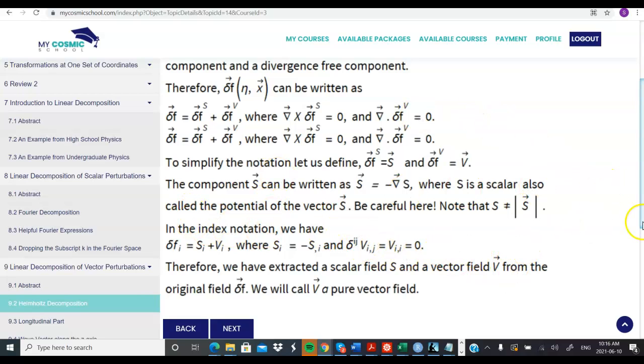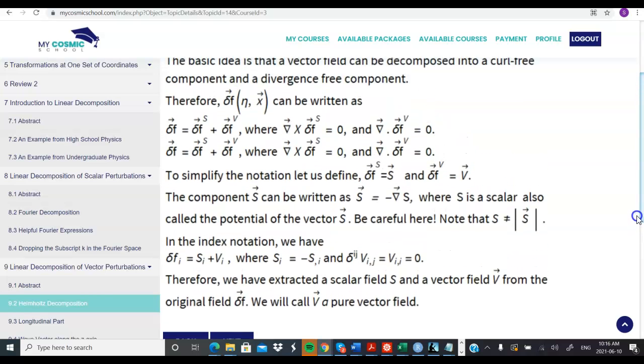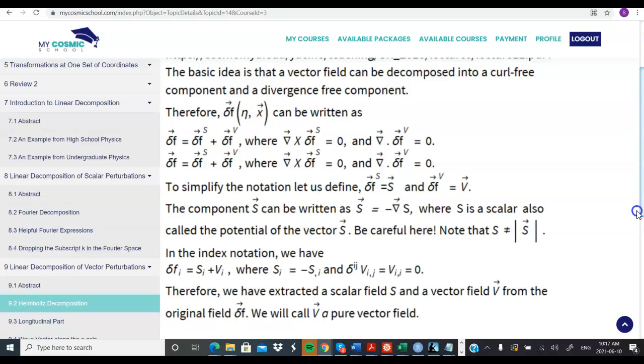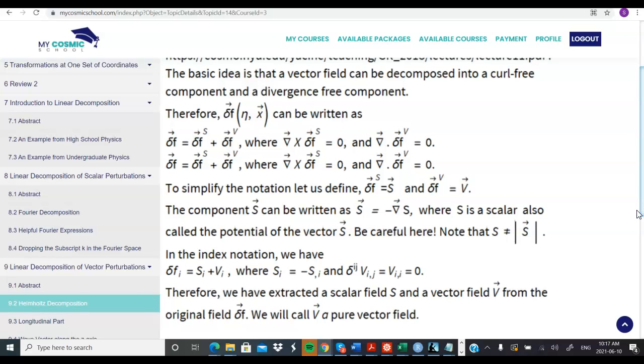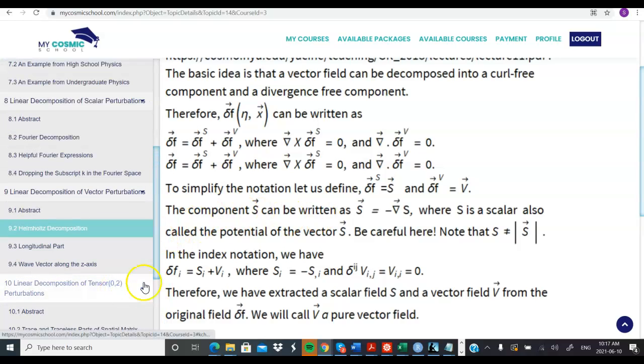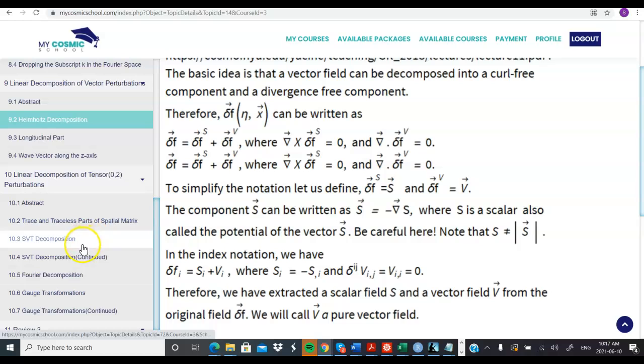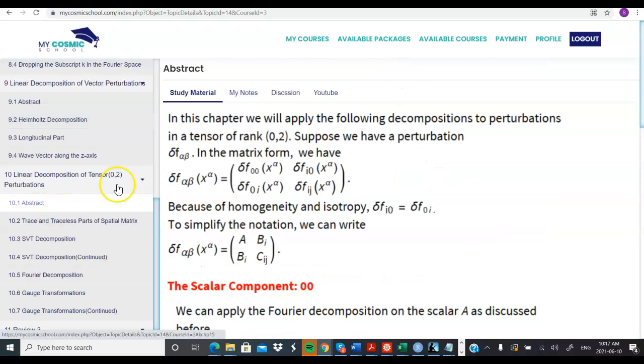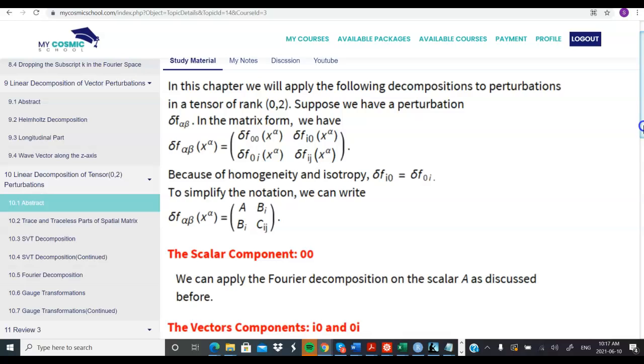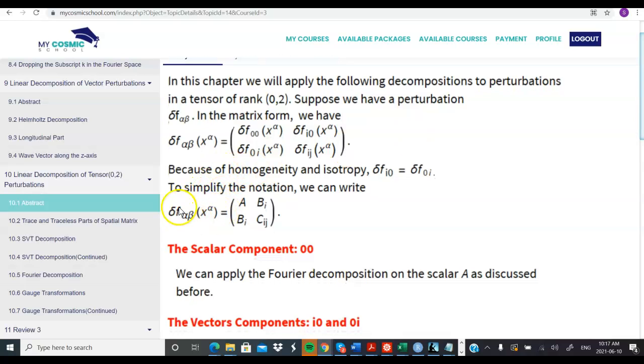Later in the lecture series we will look at the tensor perturbations, and when I write a generic 0-2 tensor, we will be dealing with one Euclidean vector b_i in the components of the tensor perturbation.